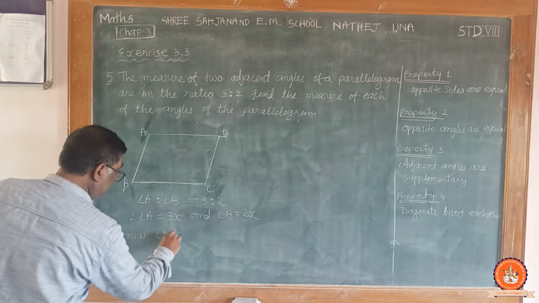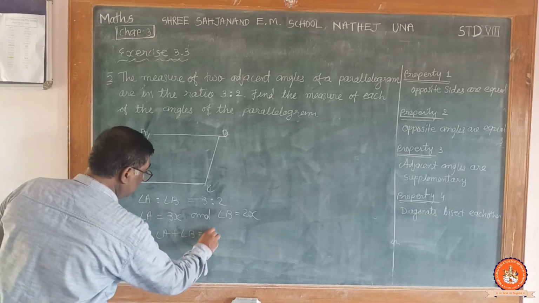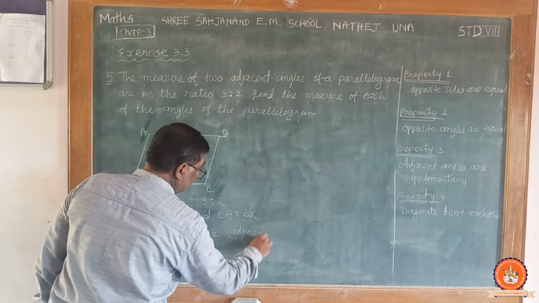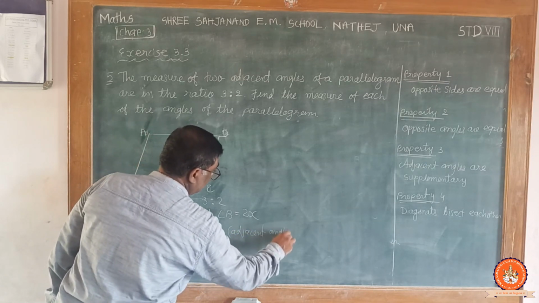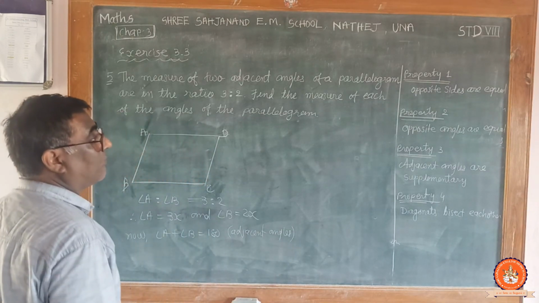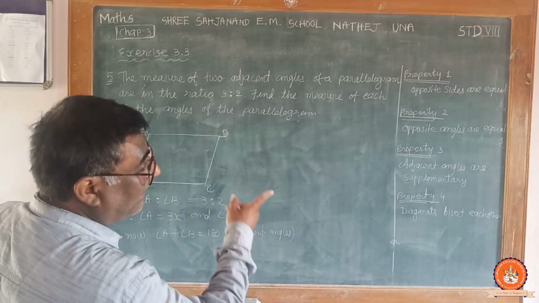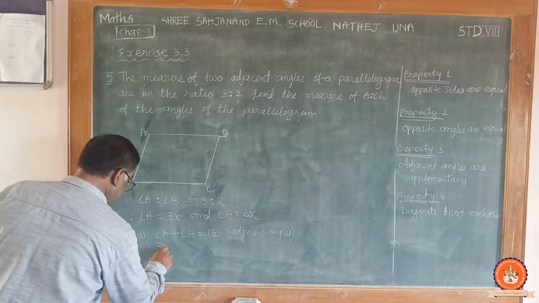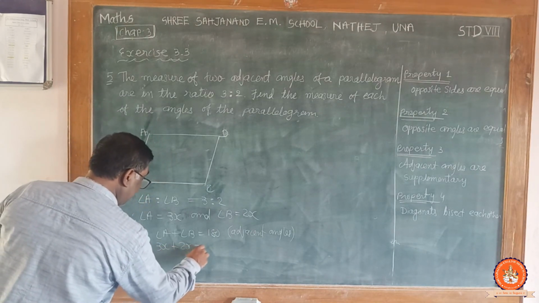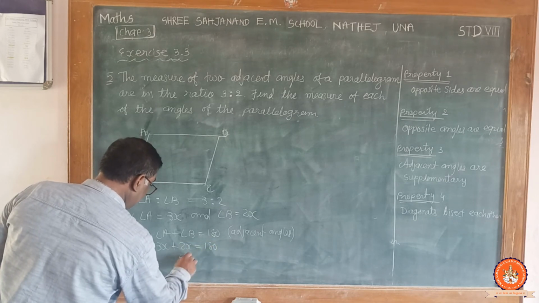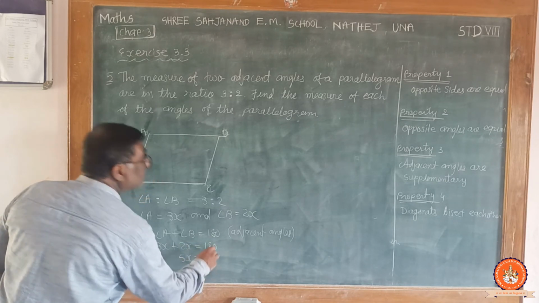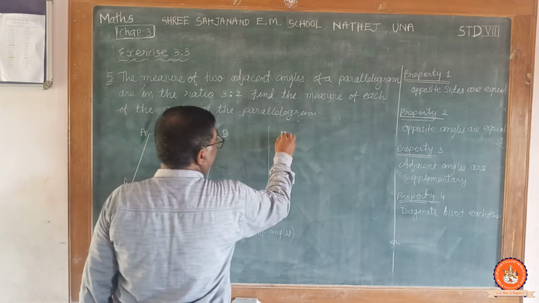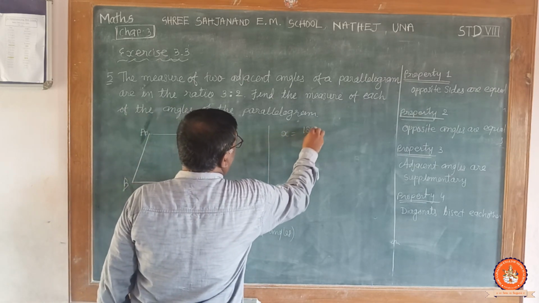Now angle A plus angle B is equal to 180 because ये एडजेसेंट एंगल है. Adjacent angles of a parallelogram are supplementary. So 3x plus 2x is equal to 180. That is 5x is equal to 180. So x is equal to 180 upon 5.